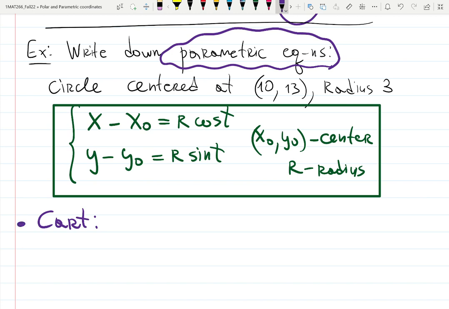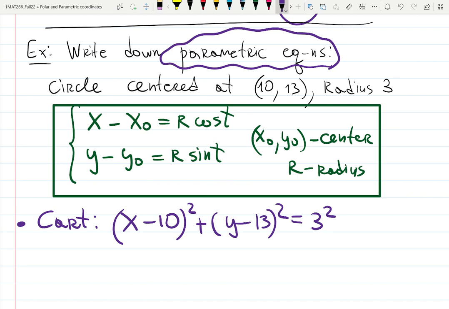How to write down the circle centered at 10, 13, radius 3? X minus 10 squared, plus y minus 13 squared, equals 3 squared. Do you all agree? If you don't, I reviewed it at the very beginning on Monday. That's the formula in the Cartesian equation, which we know from school.